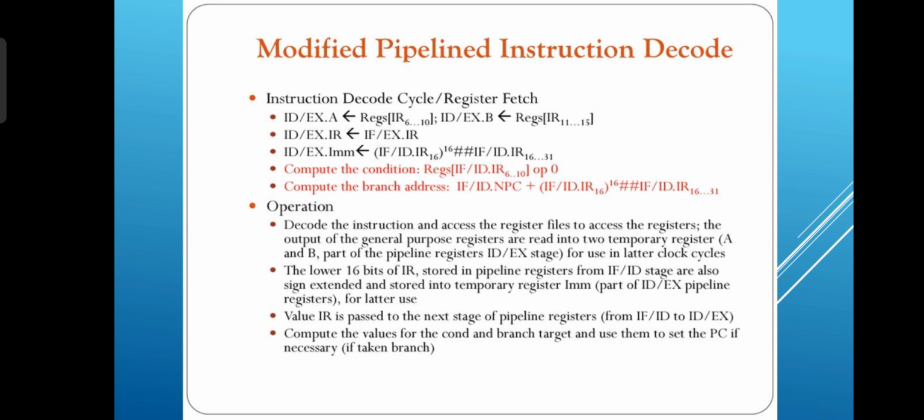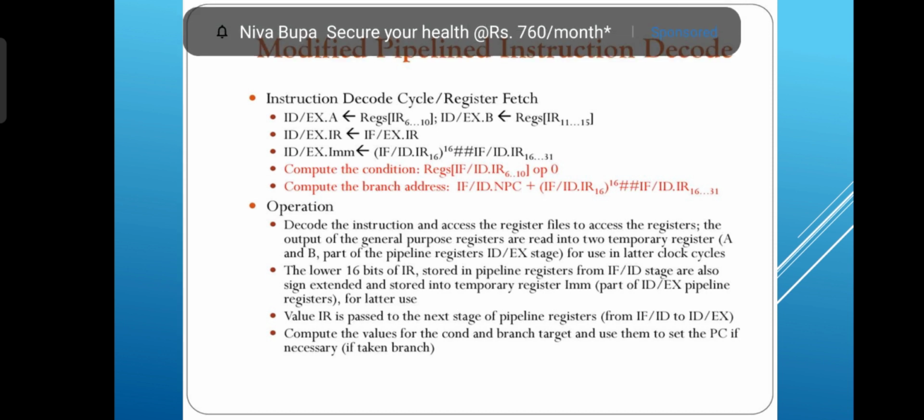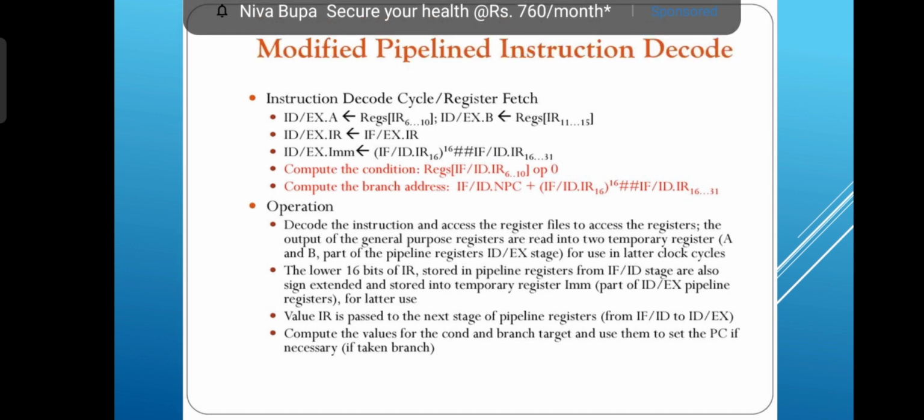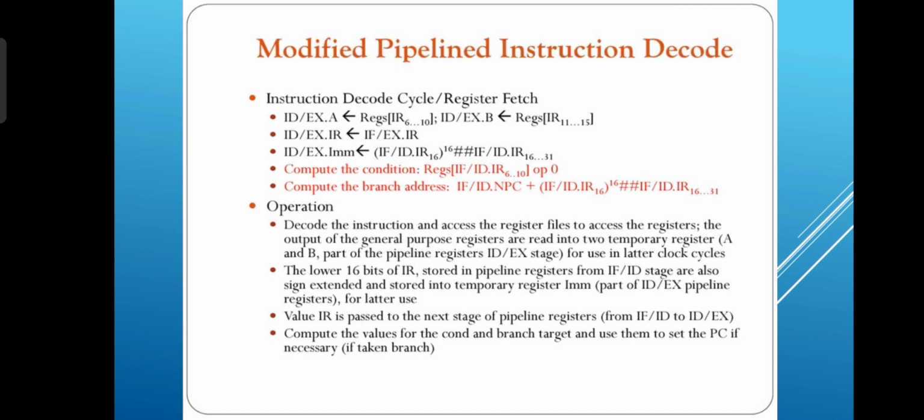The lower 16 bits of IR, stored in the pipeline register from the IF/ID stage, are also sign extended and stored into temporary register Imm for later use. The value of IR is passed to the next stage of the pipeline registers. Compute the values for the condition and branch target and use them to set the PC if necessary.